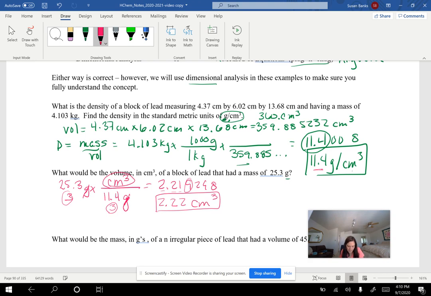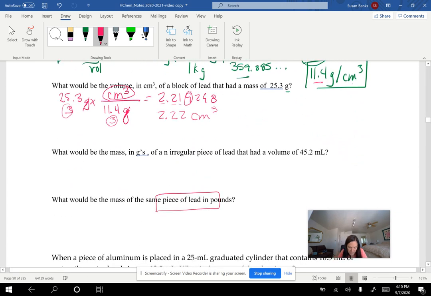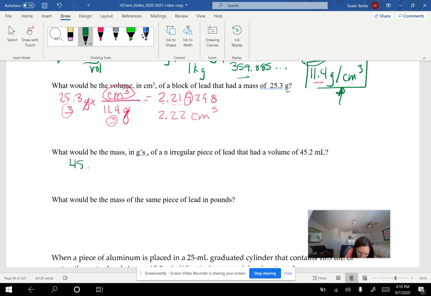Okay, so let's do some more. What would be the mass in grams of an irregular piece of lead that had a volume of 45.2? Well, now I have a volume. Could I take that volume and change it back into a mass using this density that we calculated earlier? I sure can. So 45.2 milliliters. Remember, 1 milliliter is the same as a centimeter cubed. They are equivalent.